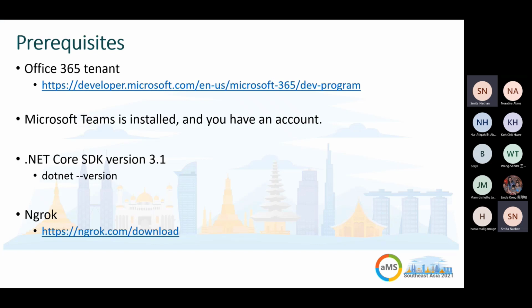The first prerequisite that we need is an Office 365 tenant, obviously, and we should have Microsoft Teams installed, and an account on Microsoft Teams. One more thing is that this particular demo has been developed with Visual Studio 2019, supporting the .NET Core SDK version 3.1. But at the same time, you can even develop that using Node.js and TypeScript.